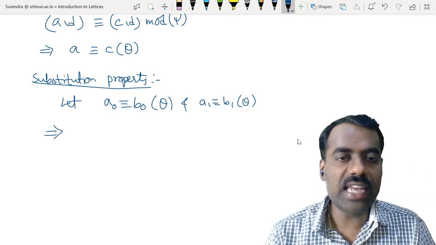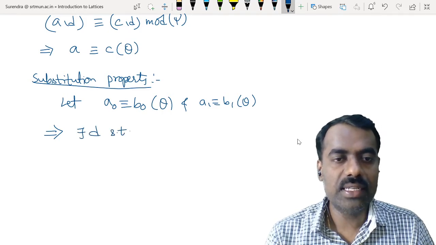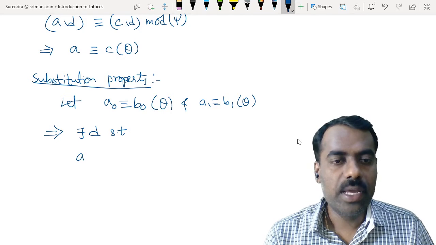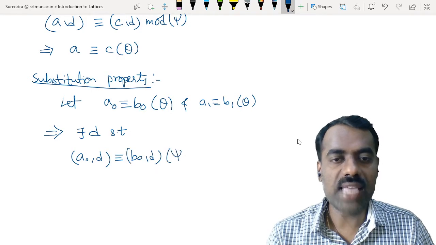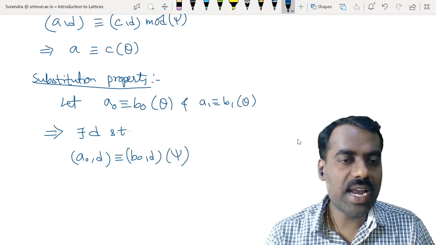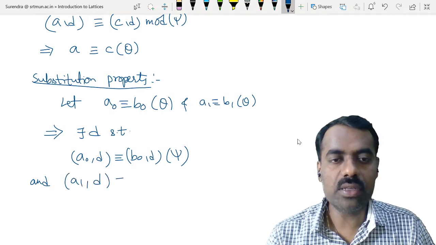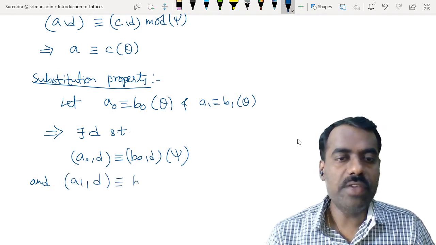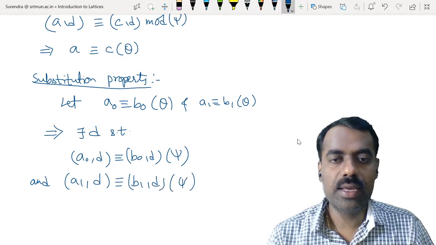By definition, there exists some D, or you can take any D, no problem. A0 comma D is congruent to B0 comma D modulo psi by definition, and A1 comma D is congruent to B1 comma D modulo psi because of this one.